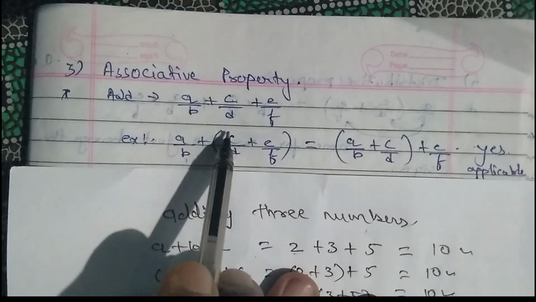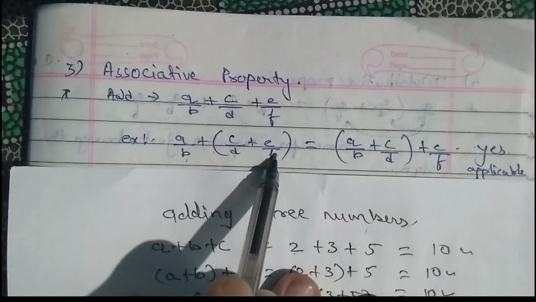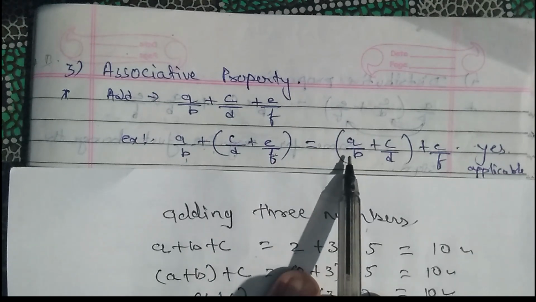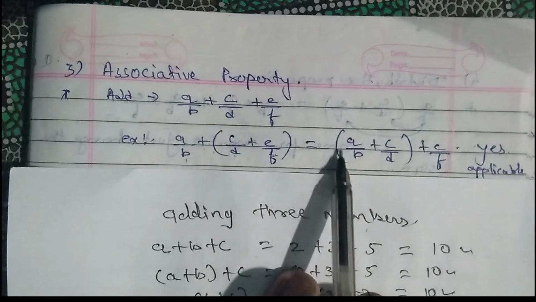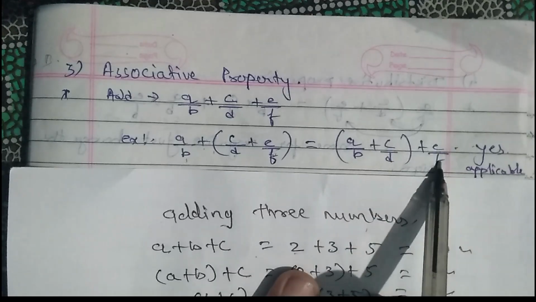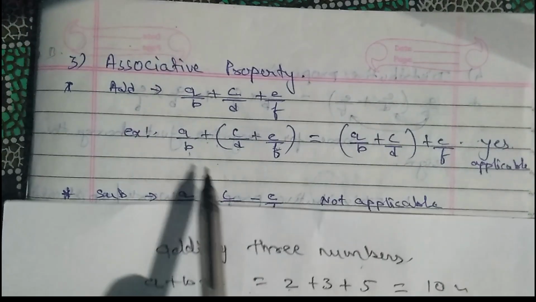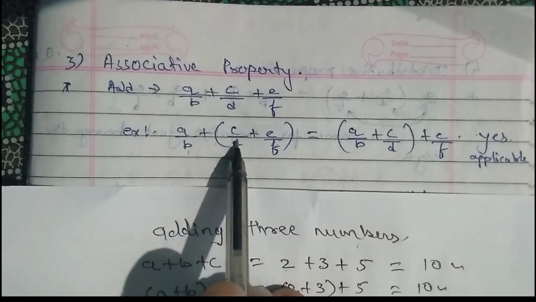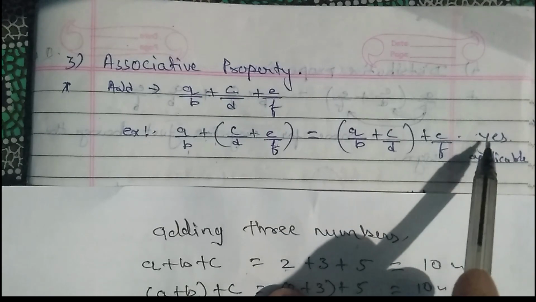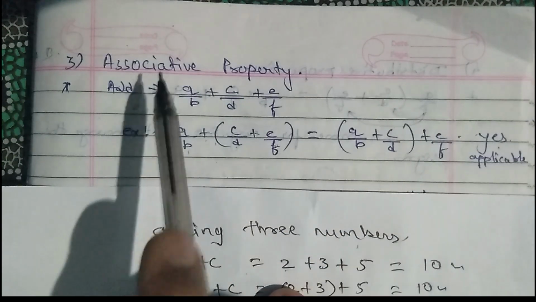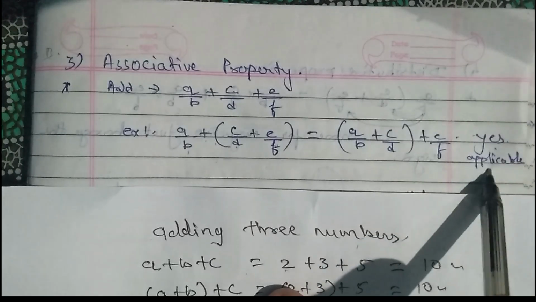A upon B plus the group of C upon D and E upon F, and in the second I have changed the group: A upon B plus C upon D, and plus E upon F. In addition, the result is going to come the same. So we can say that associative property in addition, yes, it is applicable.